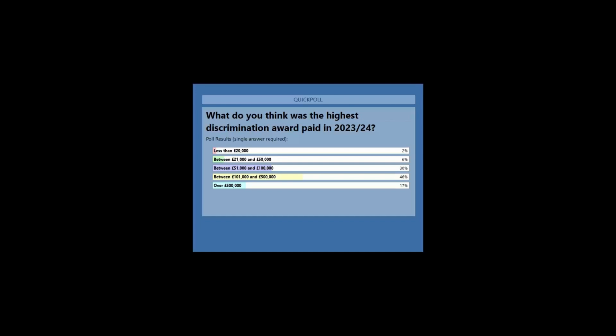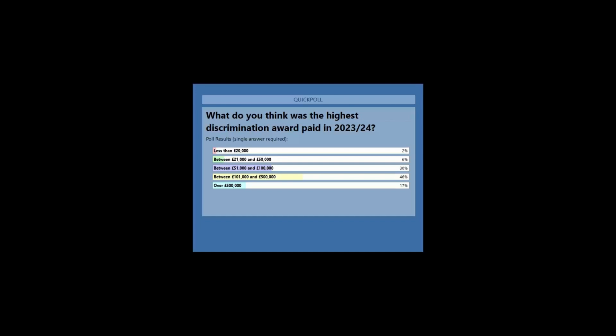It's actually 995,128. So it's over the 500,000. So that is the highest discrimination award paid in the 2023-24 data that we have, which is mind-boggling.